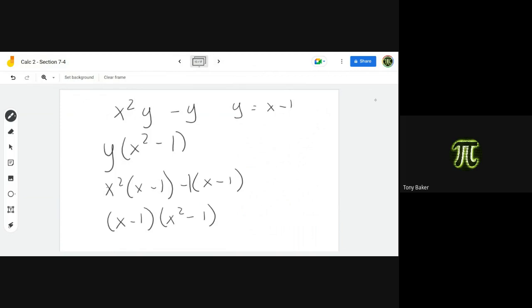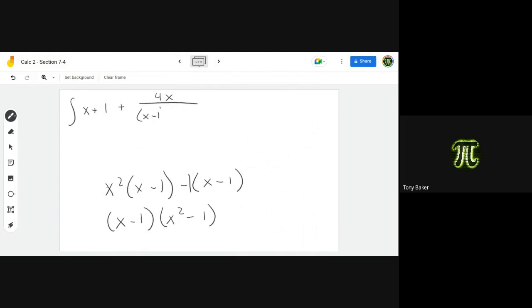Exactly. So (x minus 1) times x squared. Yes. So I've got plus 4x over (x minus 1) squared (x plus 1) dx.